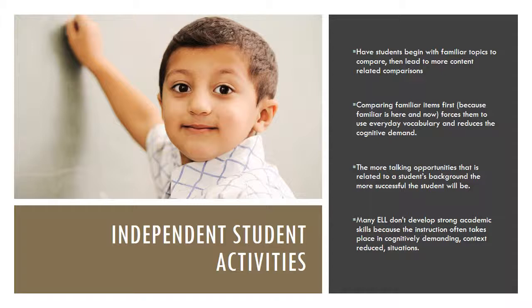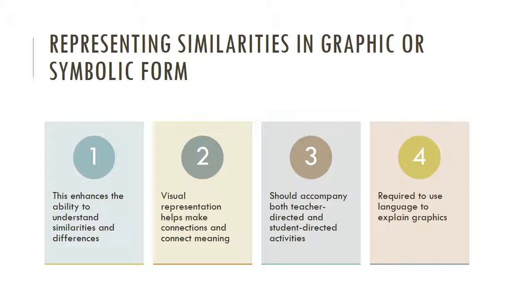The more talking opportunities that are related to a student's background, the more successful the student will be. Many ELL students don't develop strong academic skills because the instruction often takes place in cognitively demanding, context-reduced situations.